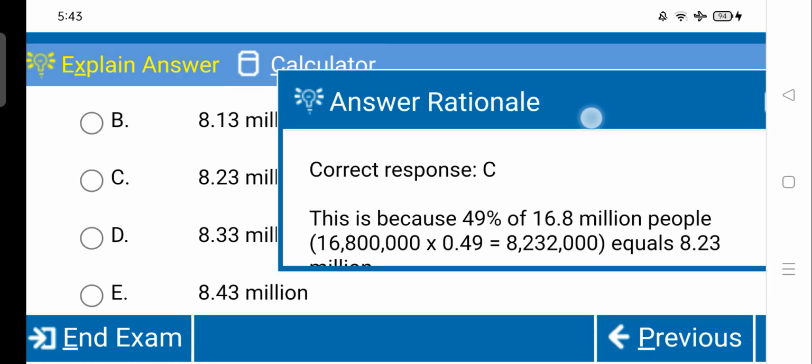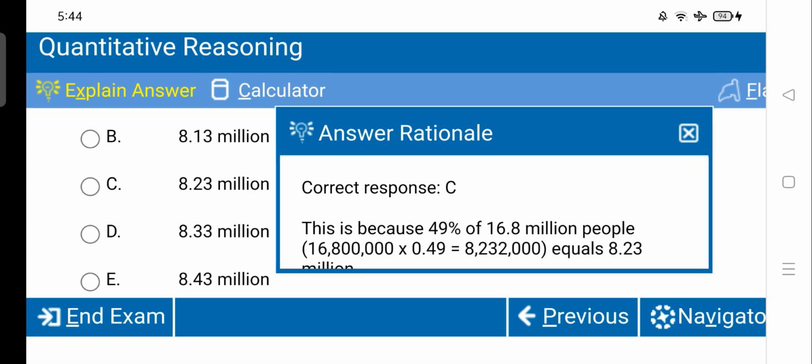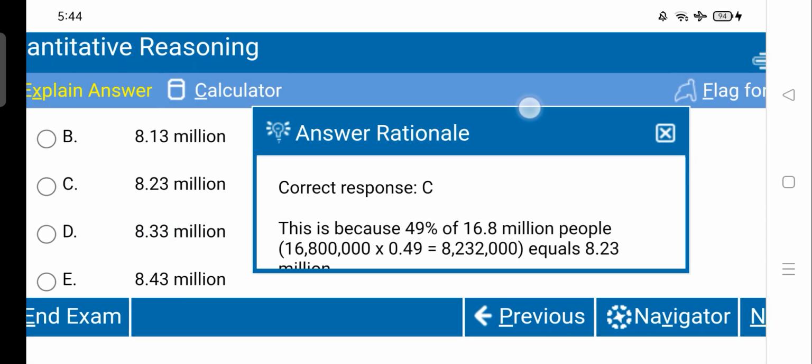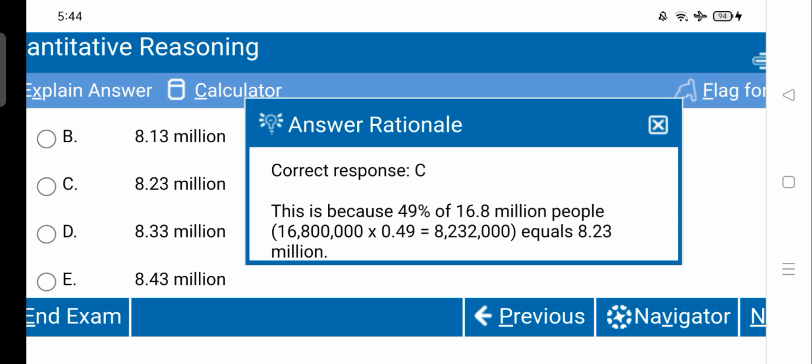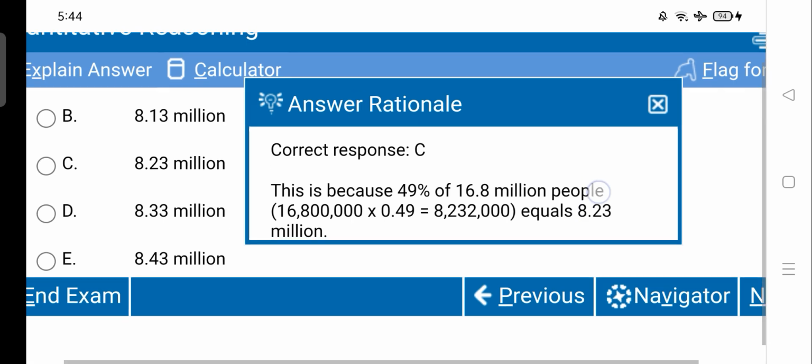So the correct response is option C, as this is because 49% of 16.8 million people, that is 16,800,000 multiplied by 0.49 equals 8,232,000, which equals 8.23 million.